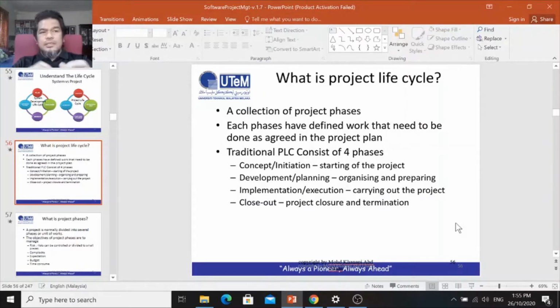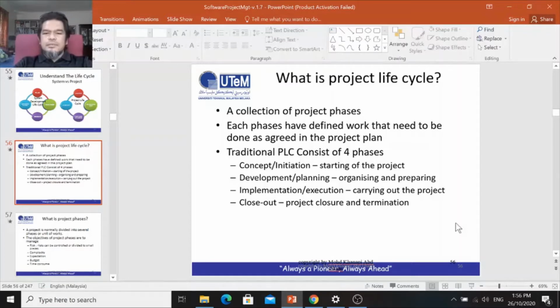Either you are managing a civil engineering project like a bridge, highway, or the development of a 100-level building, normally four phases are involved in the project life cycle. So it's different from the system development life cycle, yeah. So we first understand what the project life cycle is.